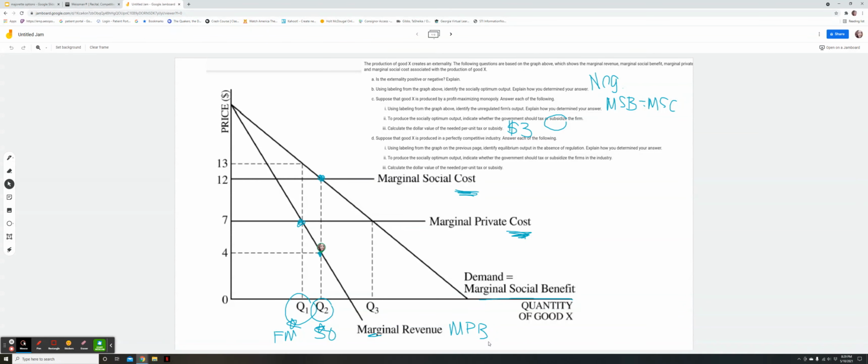To get them to break even, to get this $7, the difference there is 3. So it's the difference between these two places. At quantity 2, this is what it costs them, but we want to get them to where it is at least breaking them even. So that's where the 7 is. $7 would be breaking even. So there's the difference there of $3 for a subsidy.